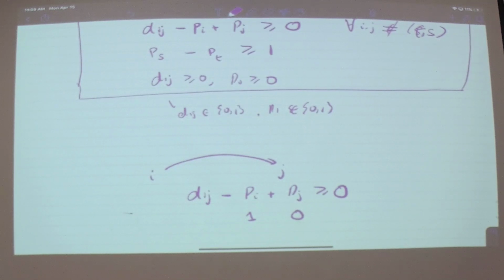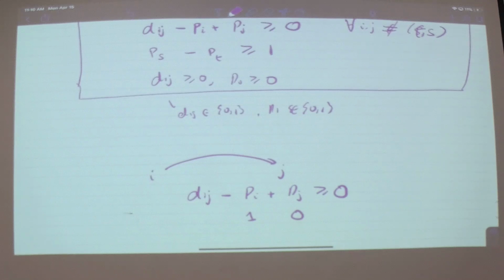What must be true for Dij to satisfy this inequality? You defined Dij as a binary value for this example, so you need Dij to be greater than or equal to 1, so that's 1. Yes. So if Pi is 1 and Pj is 0, then Dij must be 1.